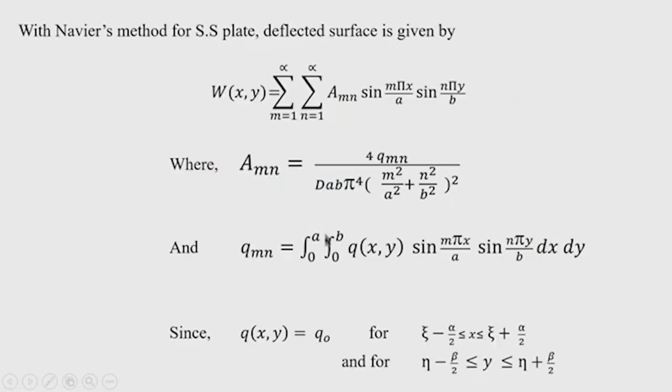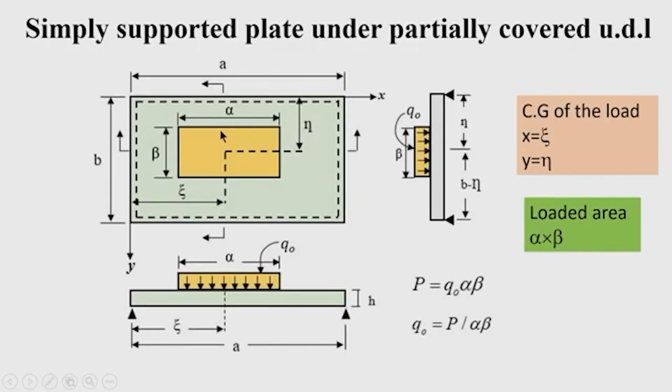Now, let us see what the limits of the integration will be. The lower limit of this integration, instead of 0, will start from here. So, obviously, it will be xi minus alpha by 2, and the upper limit will be xi plus alpha by 2.